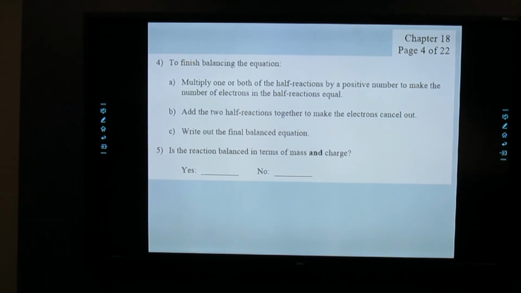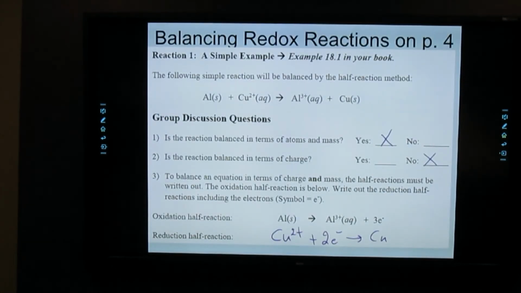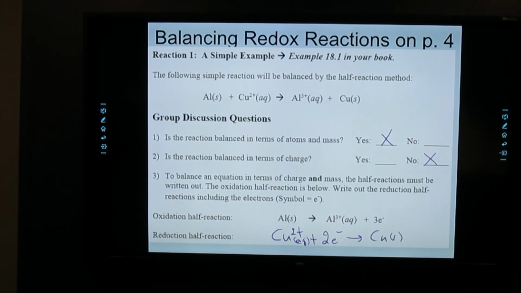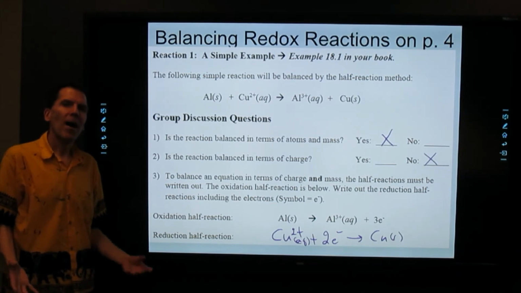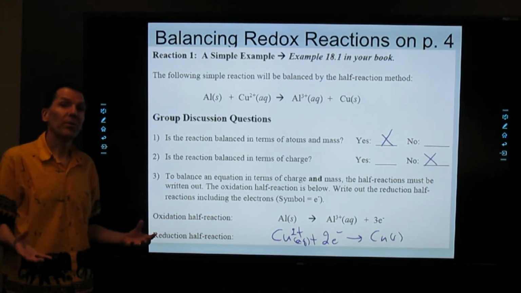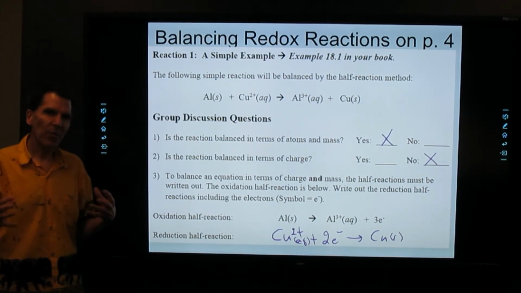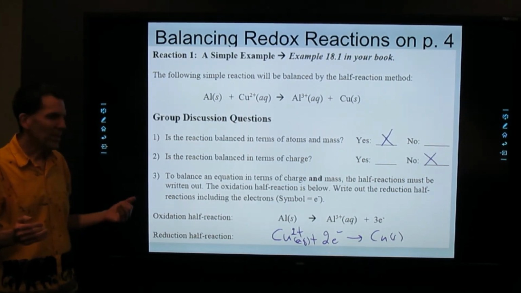And so if we do want to finish that balancing, I'll pop back to this slide. I'll keep it official. Put those in. So I have to find some common number of electrons that I'm going to cancel. Obviously, if one has 3 and the other has 2, a common denominator, like if you're adding fractions, would be 6.